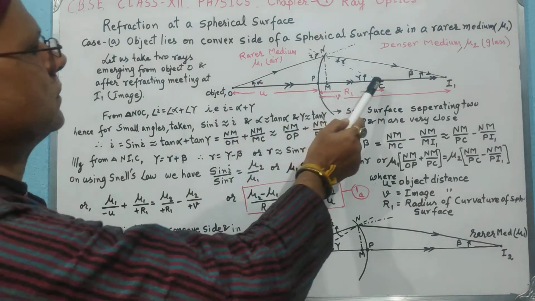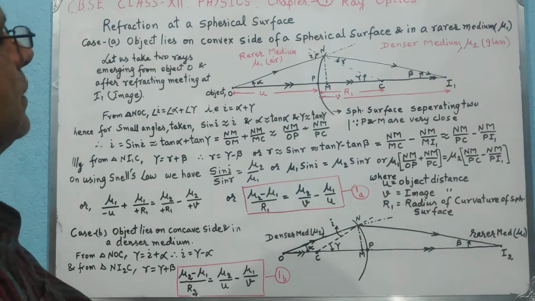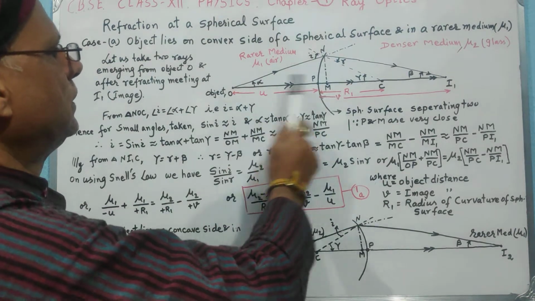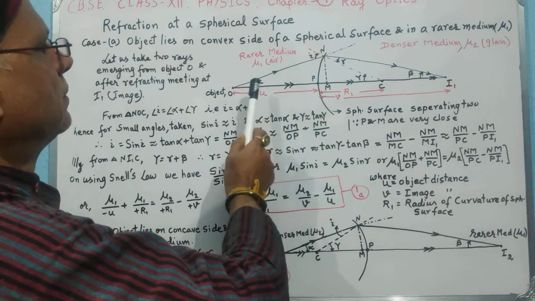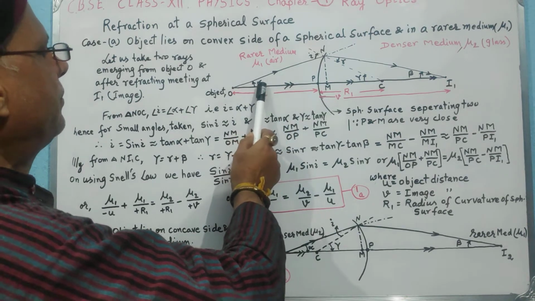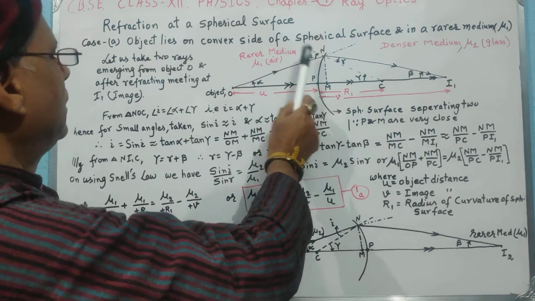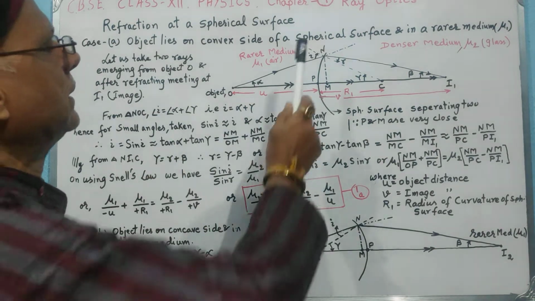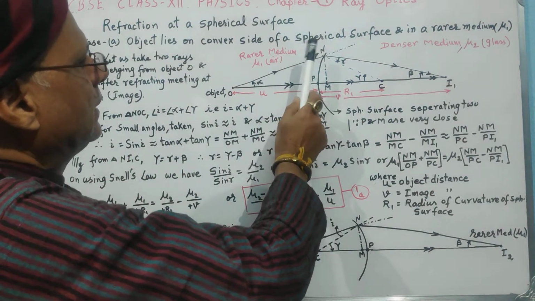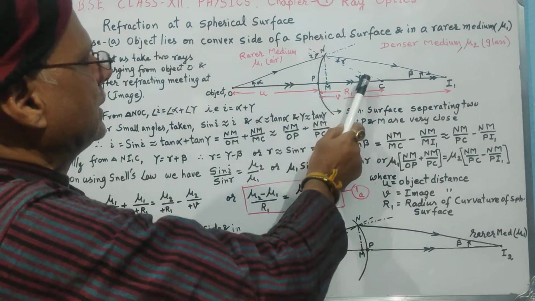In the same manner, from triangle NOC, we have alpha plus gamma is equal to i, because the exterior angle i is equal to the sum of the interior angles.